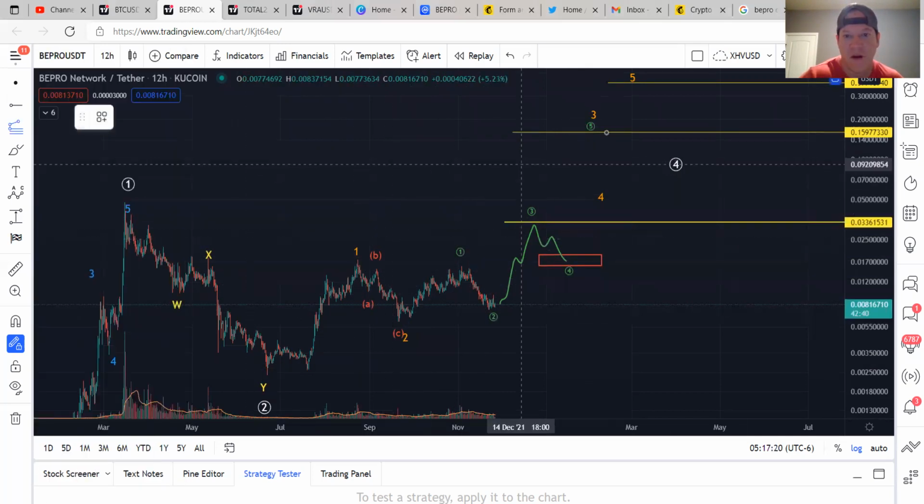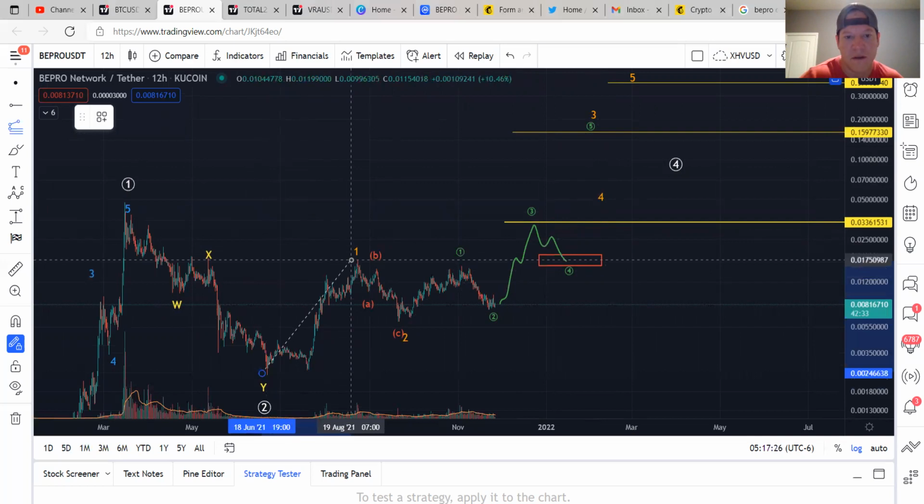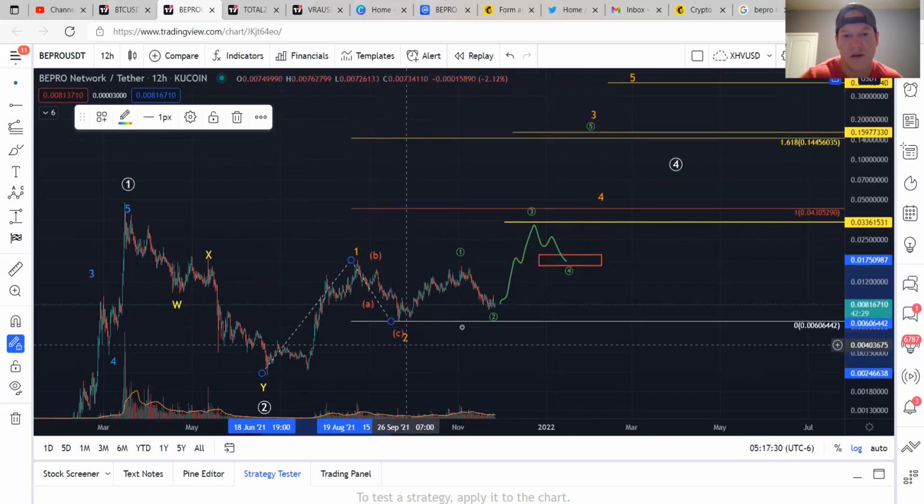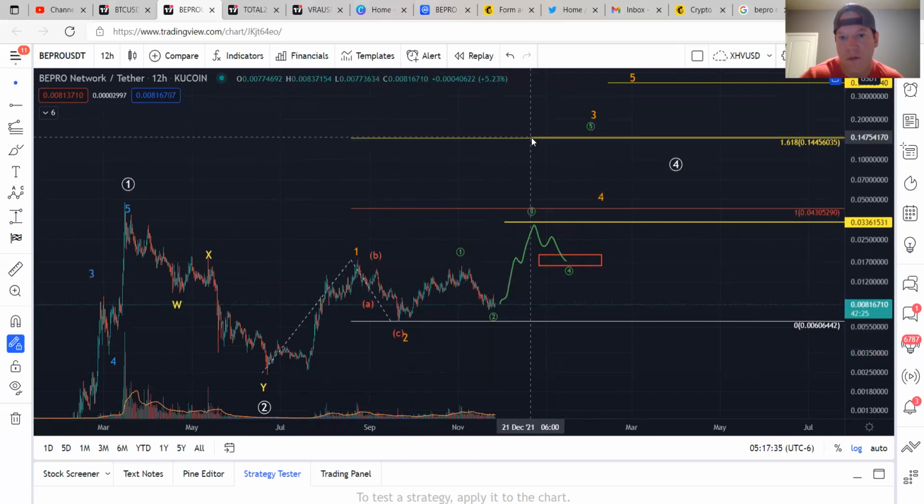So to determine where this micro 3 is going to go, again, you take from the bottom of where 1 starts, top of where 1 ends, bottom of where 2 finishes. So that puts your micro 3 up here around 14 cents.